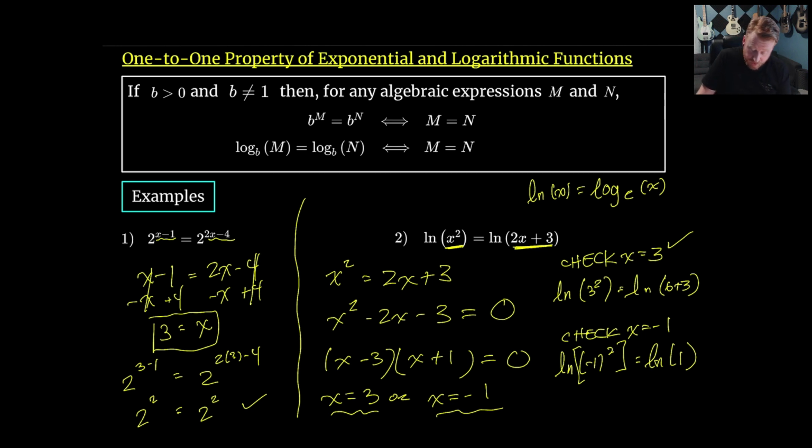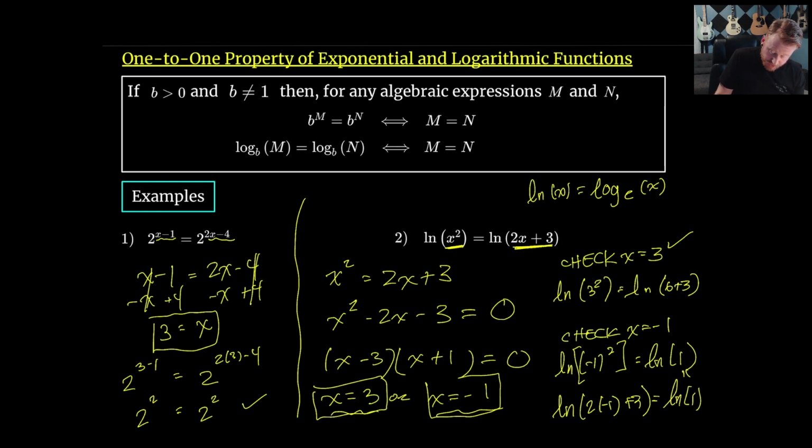We can take the log of 1. And then looking at the other side, the natural log of 2 times -1 plus 3, well, that's still the natural log of 1. So getting kind of squashed in the corner there, but we get the same answer. Either way, we never ended up plugging in the negative into the log function here, so we can be sure that both of these are actually solutions.